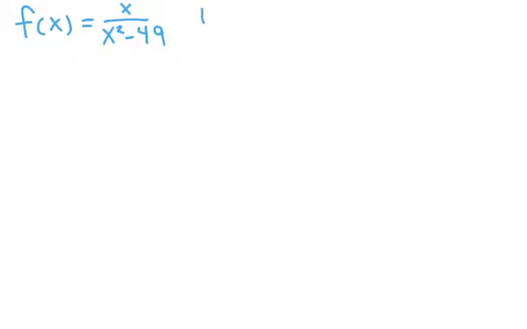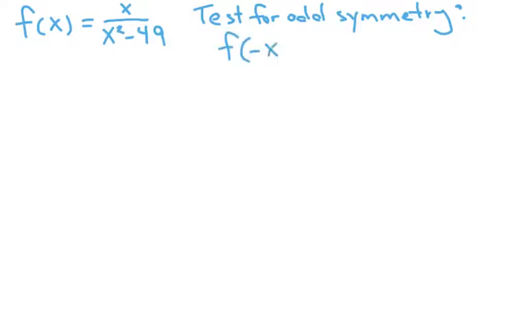And now I'll test for odd symmetry because this will save us some work if it does have symmetry. Okay, so f of negative x looks like this. Everywhere you see x, plug in negative x. And then simplify.